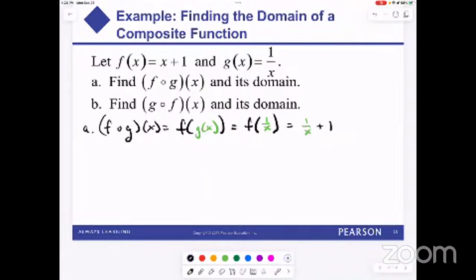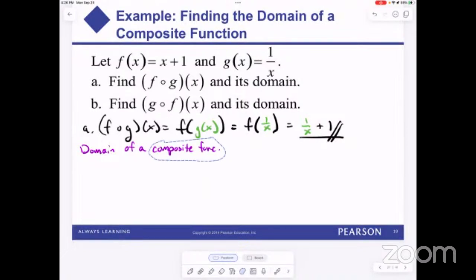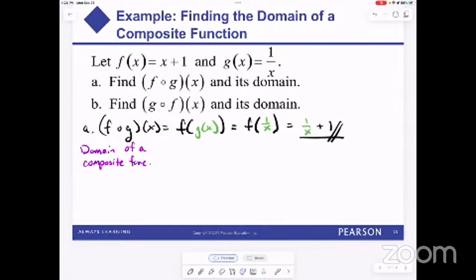So now let's talk about this 3-step process to find the domain of a composite function. The 3-step process that I like to do is, first, I find the domain of the inside function.